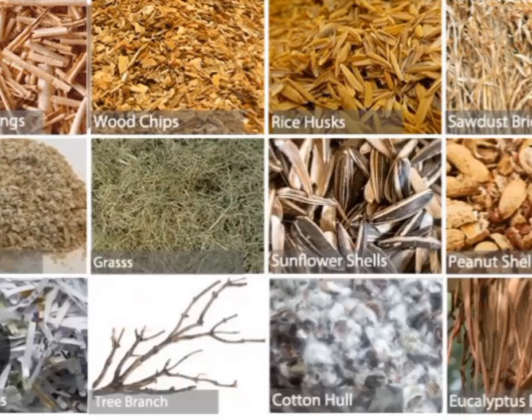The raw materials we are talking about are sawdust, leaves, rice husks, wood chips, sunflower shells, groundnut shells, cotton hull, branches and grass, and anything that can be used to create briquettes. These are the materials that we use when creating briquettes.